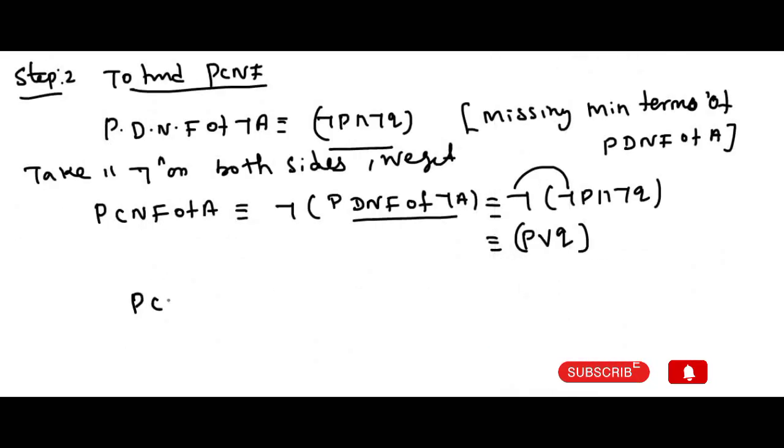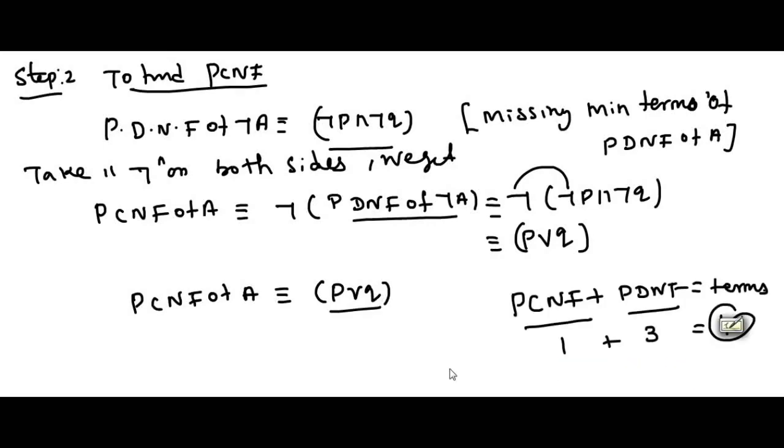So the PCNF answer of the given A contains only one max term. Suppose we consider a given problem having three variables. How many min terms and how many max terms do we get? 2 power 3, so totally we get 8 terms, that is 8 min terms and 8 max terms.